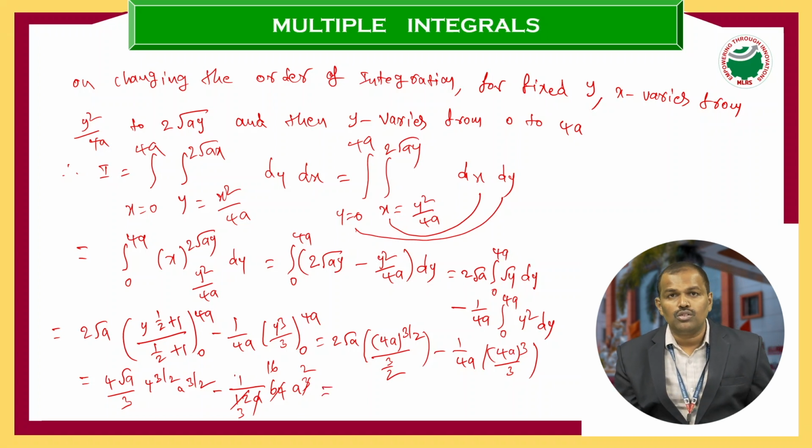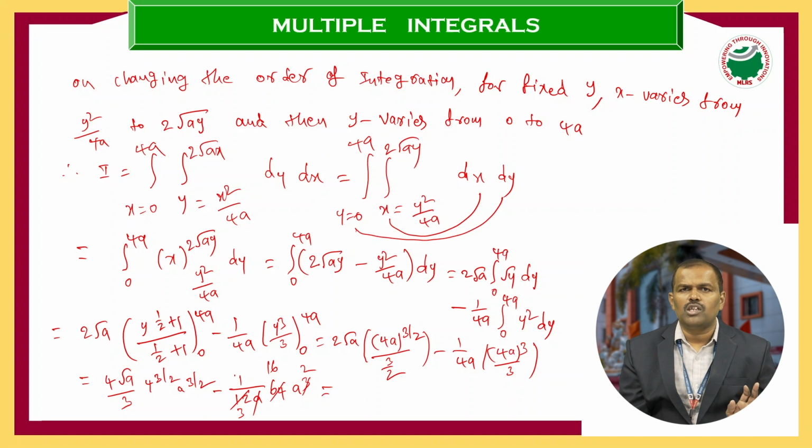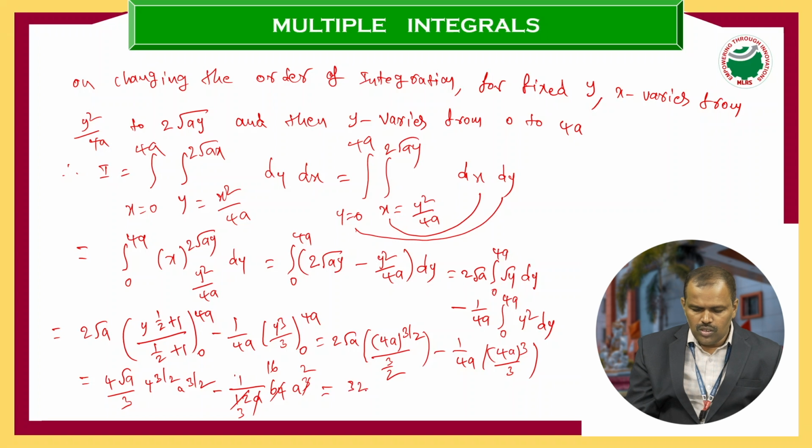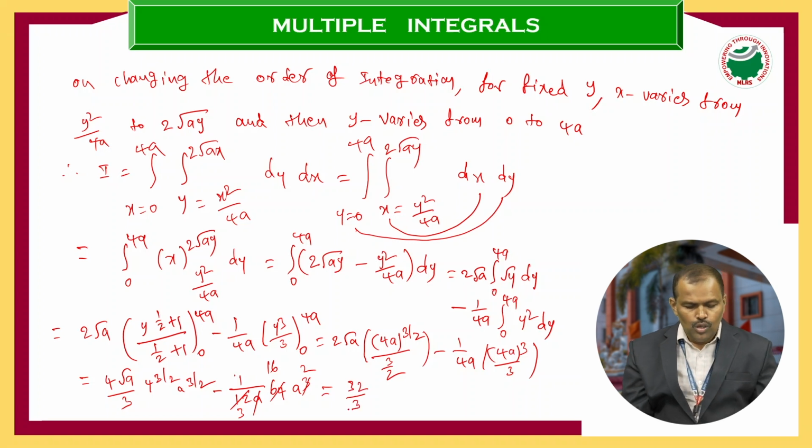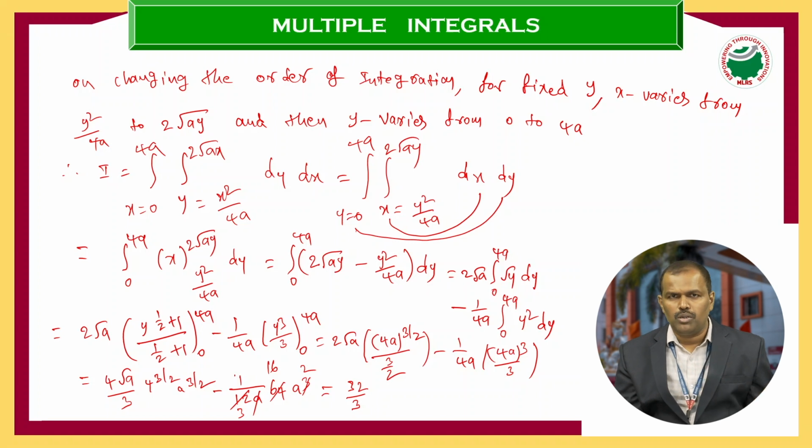4 power 3 by 2 is nothing but 4 into root 4, and root 4 means 2, so 4 into 2, 8. That means 4 power 3 by 2 is nothing but 8. So 8, already 4 is there, 4 into 8, 32. 32 by 3 into root a into a power 3 by 2. Root a is nothing but a power 1 by 2.